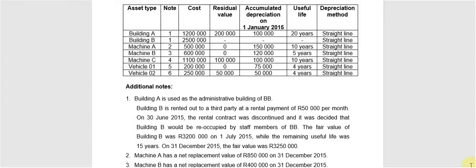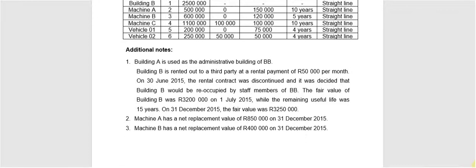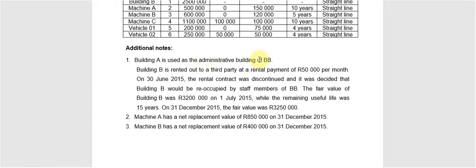For building A, in note number 1, it is said that building A is used as an administrative building, which means that this is a PPE building because your administrative staff use that building. So I'm just going to make a note for myself. This means that it is PPE. Then building B is rented out to a third party at a rental payment of 50,000 Rand per month.